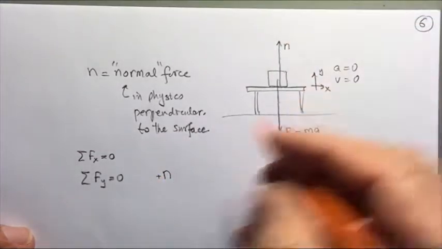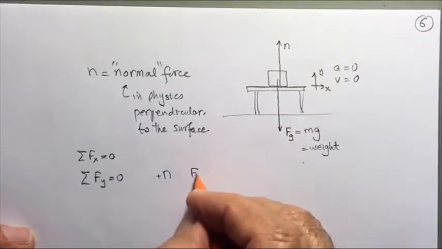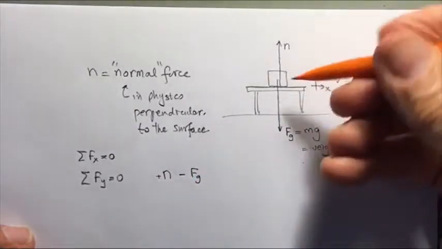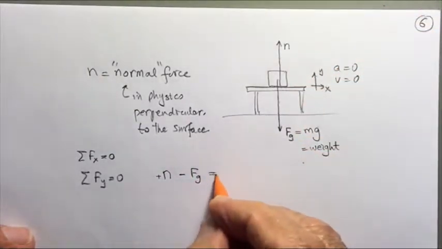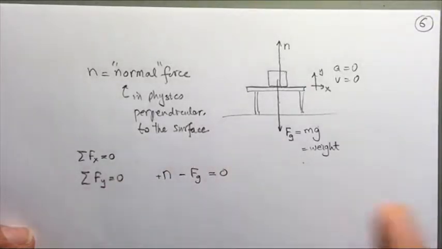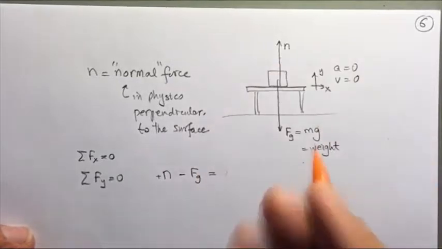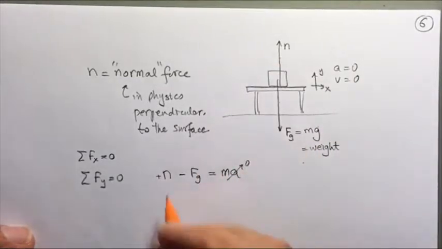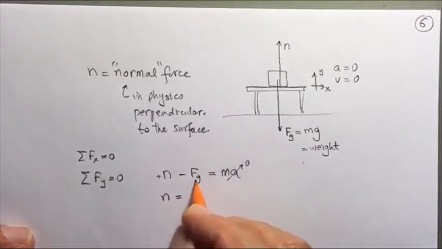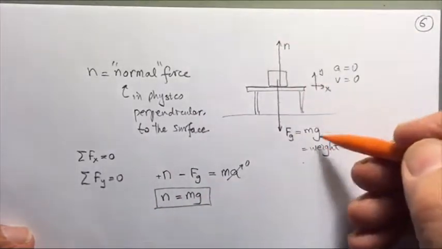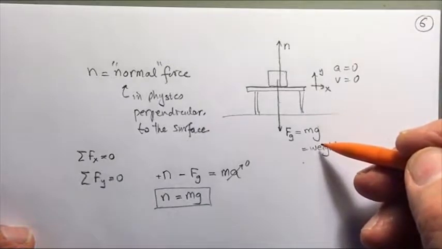And the Fg or mg, which is negative because it's acting downwards, and they equal the right hand side, or you can say they equal ma, and a is 0, and therefore the normal force is equal to Fg, which is mg. So the table is pushing upwards with a force that's equal to the weight of this object.